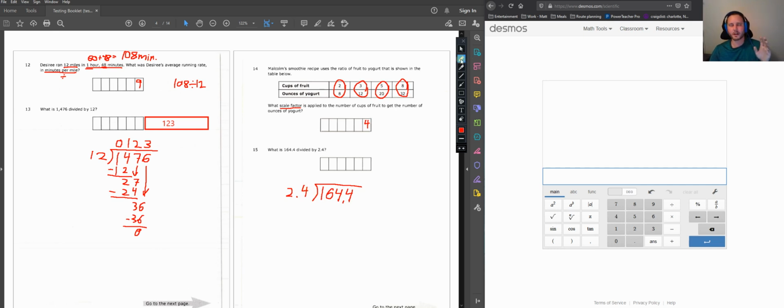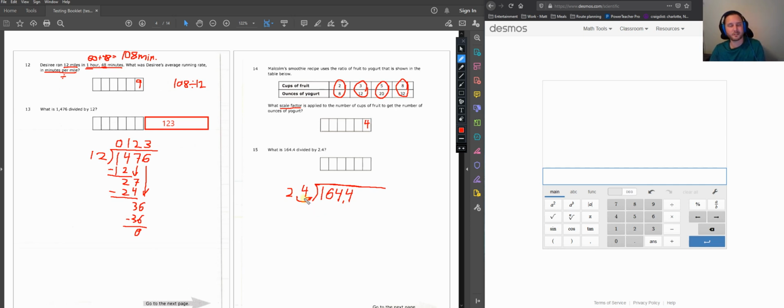Now, there is something we have to do before we get started with this problem. You are never allowed to have a decimal on the outside of these brackets. Inside is fine. We saw that earlier, I think, with number 11. It's out here that's the problem. So what we have to do is move this decimal over to the end, so that way we can get rid of it.